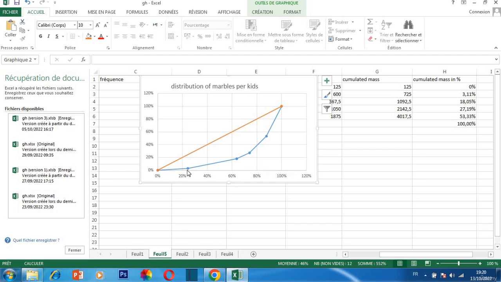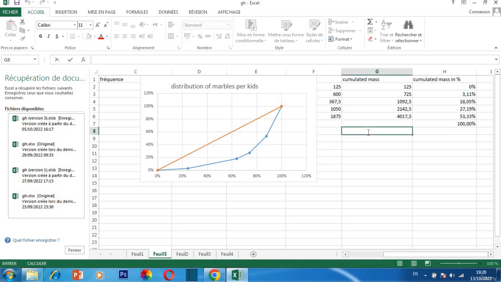So here we have 0 to 25, and the height is 3. So we're gonna take 25 multiply by 3 divided by 2.